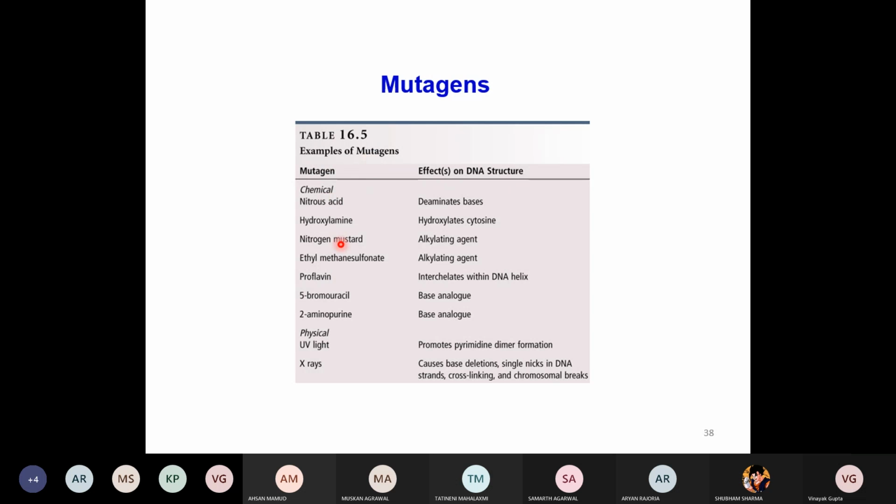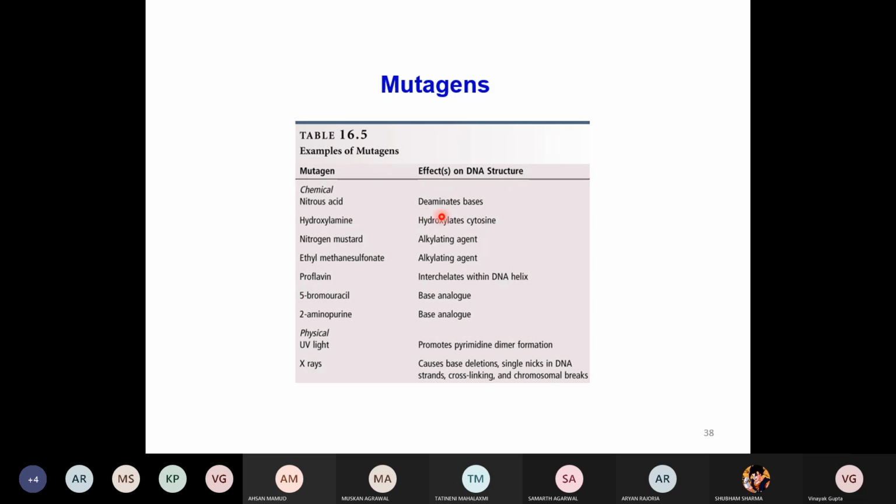So here, let's go through these chemicals: nitrous acid, hydroxylamine. Some of the chemicals are just modifying the base, and when the base is modified, what is going to happen? Mis-base pairing, CG to AT or AT to CG. That is going to happen when bases are modified.